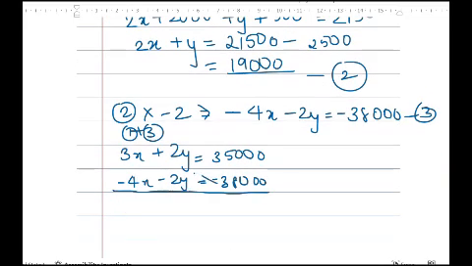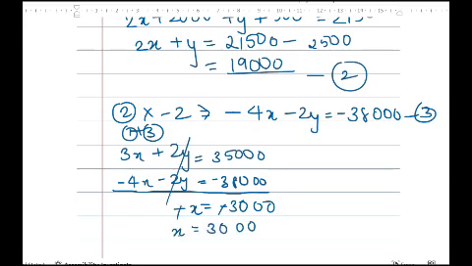So now plus 2y minus 2y cancel off. So you get 3x minus 4x, that is minus x, is equal to 35,000 minus 38,000, that is minus 3,000. So you get the cost of one TV set to be 3,000.